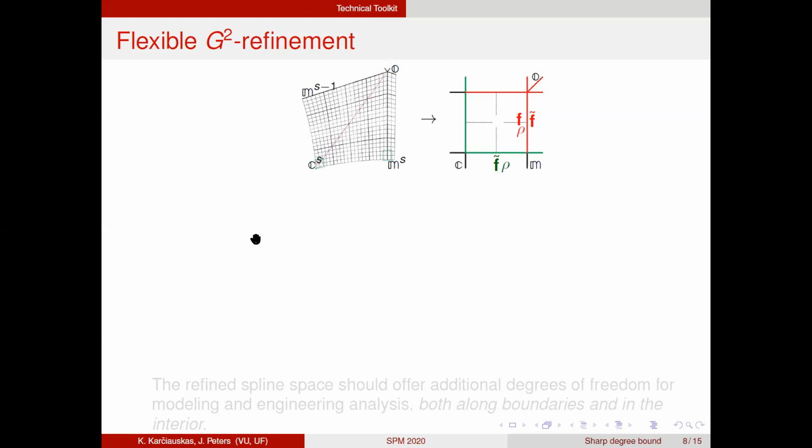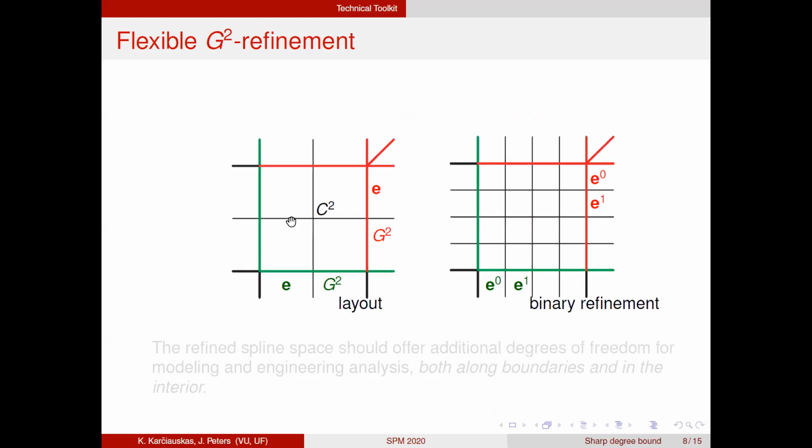Third component, what is flexible C2, G2 refinement? Well, here we see again, internally C2, across the boundaries we will have geometric continuity, so continuity after change of variables. And there's both the green to the outside and the transitions between the sectors in red. And what we now do is a binary refinement.